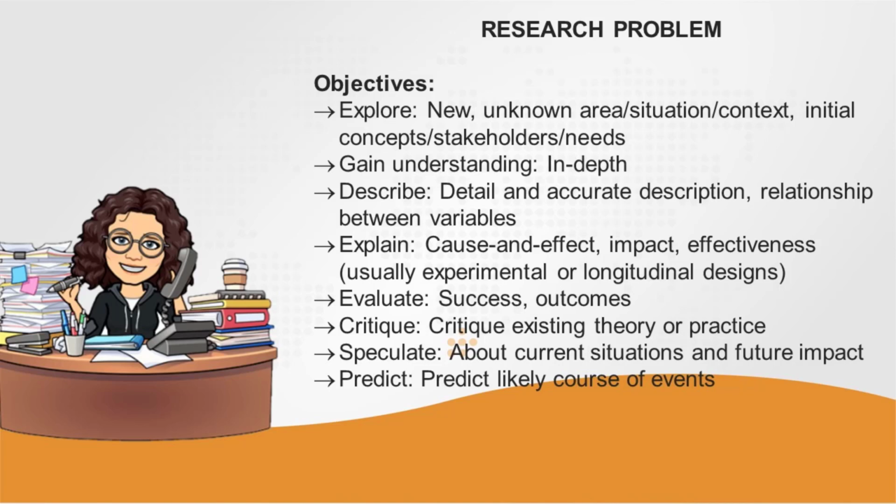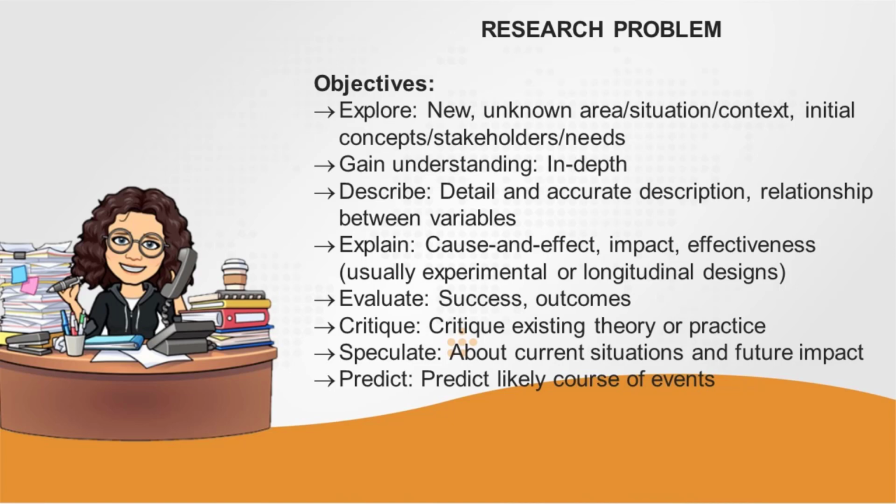Then there are descriptive objectives that are for describing the characteristics of a phenomenon in accurate detail, or for describing more like statistical relationships between variables. Next up is explanatory objectives.